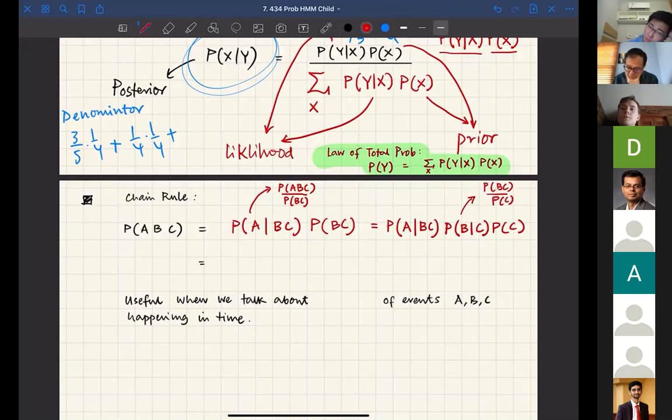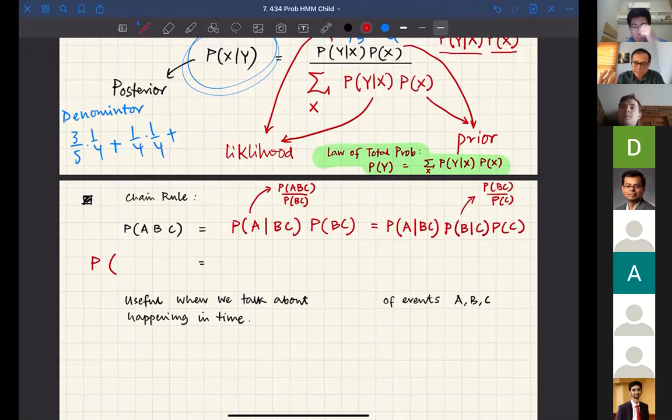So therefore P(BC), which is this, is nothing but P(B given C) times P(C). Okay.